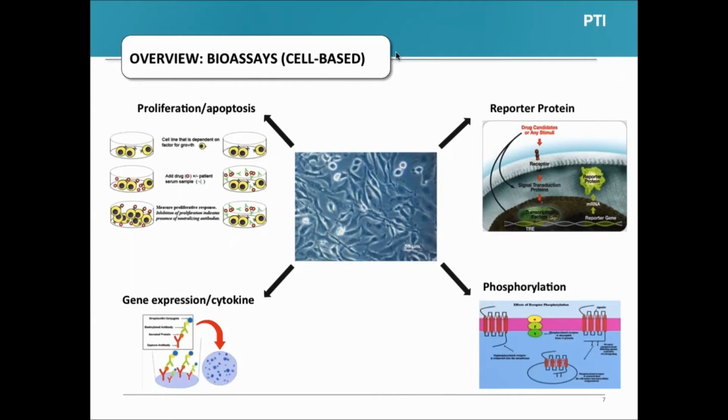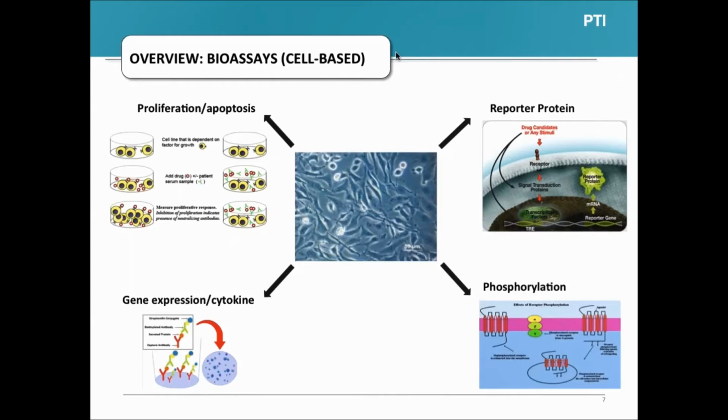You can look at phosphorylation, which is similar to the reporter protein, because the phosphorylation of a particular target receptor is facilitated by the presence of the drug. Here we don't wait until phosphorylation of the receptor actually leads to production of a protein.